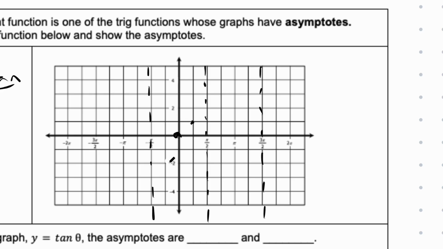And we can go even smaller. We can start plugging in pi over 8 and things like that. But essentially, our tan is going to look like this. It's almost going to look like a cubic, but it is not a cubic. It's going to approach these asymptotes, but it's never going to actually touch them.